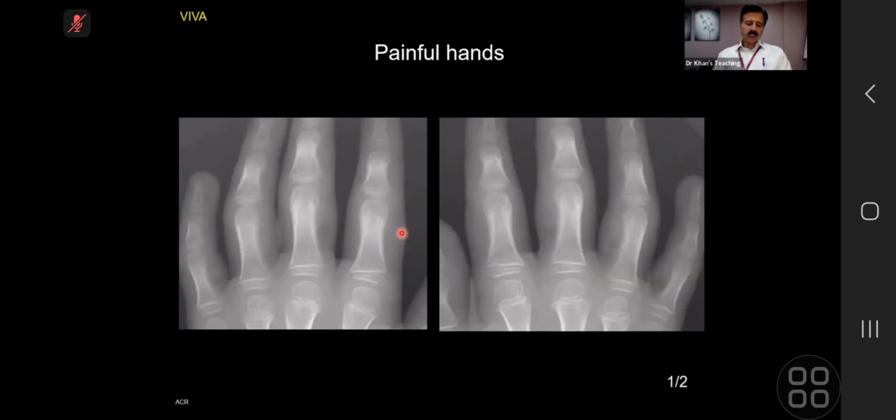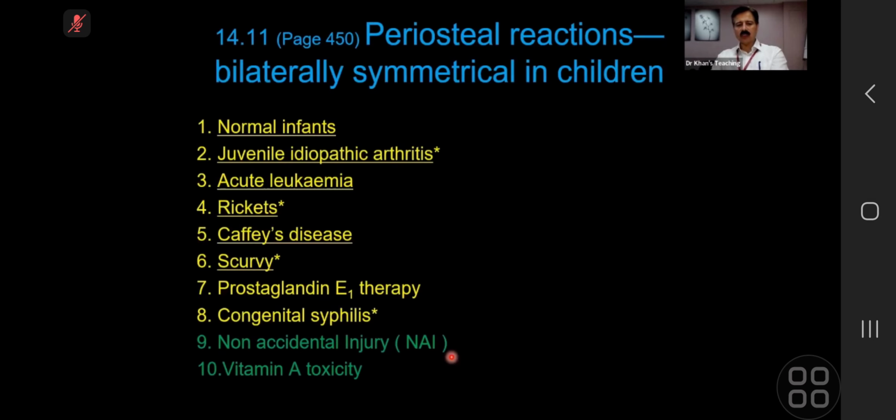Okay, so you remember when we were doing the first chapter, or the second chapter, we went through the differential diagnosis of bilateral symmetrical periosteal reaction in a child. The key thing which I told all of you is that in the exam, you have to tell the examiner the differential diagnosis for the case which is shown to you.